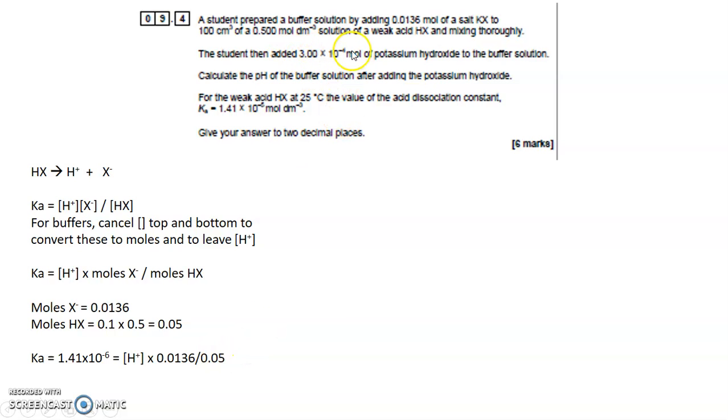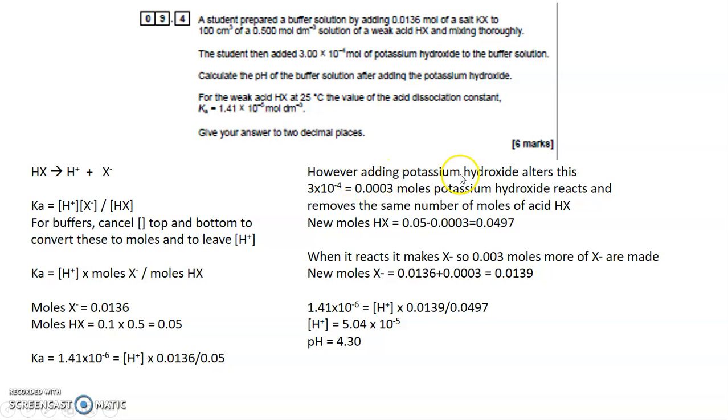So what happens when you add potassium hydroxide to the buffer solution? Adding 3 times 10 to the minus 4 moles of potassium hydroxide, or I could say 0.0003 moles, what does that do? Well, it reacts away some of the acid, the HX.